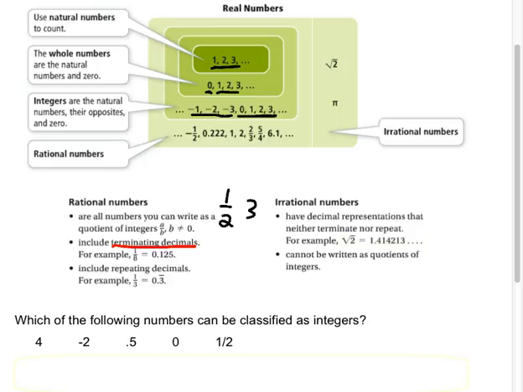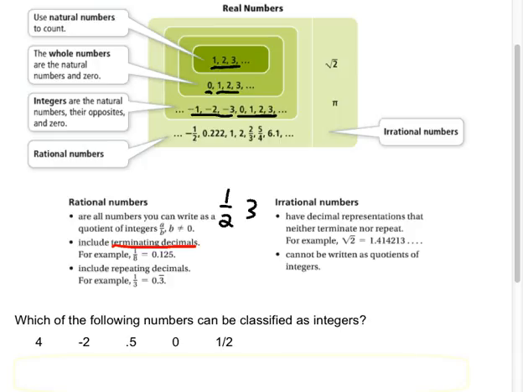For example, if you type the square root of 2 into your calculator, you're going to get 1.414213 dot dot dot. It's just going to keep going. I sometimes reference this as number vomit, okay? It keeps going forever, never ending, never repeating. What that means is it's never going to be able to be written as a fraction of two integers. Therefore, it needs to be a class in and of itself.